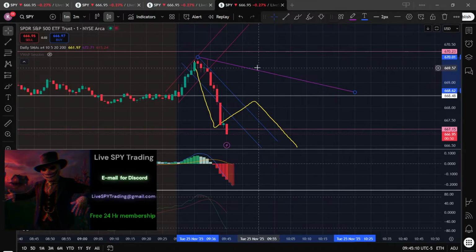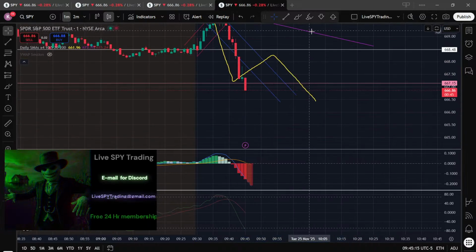Now I'm putting this purple at 2. So if it goes above purple, you got to measure your risk to reward to pink.